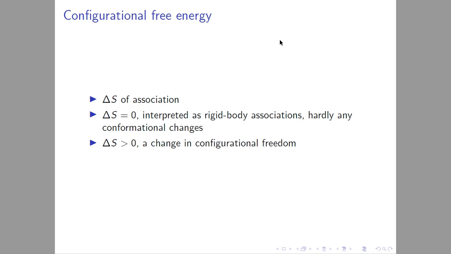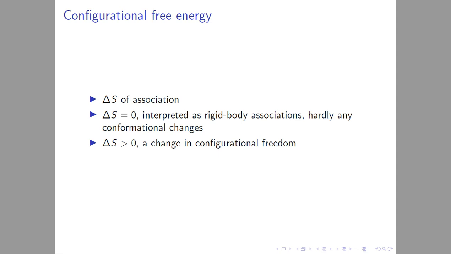But if delta S is greater than 0, the entropy is higher, so we have a change in conformational freedom. Let's say A is an L shape, but when it binds with the ligand, C becomes the V shape.